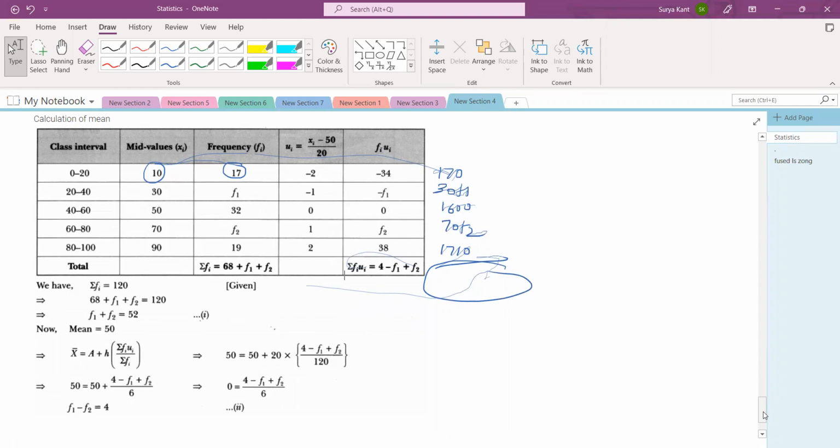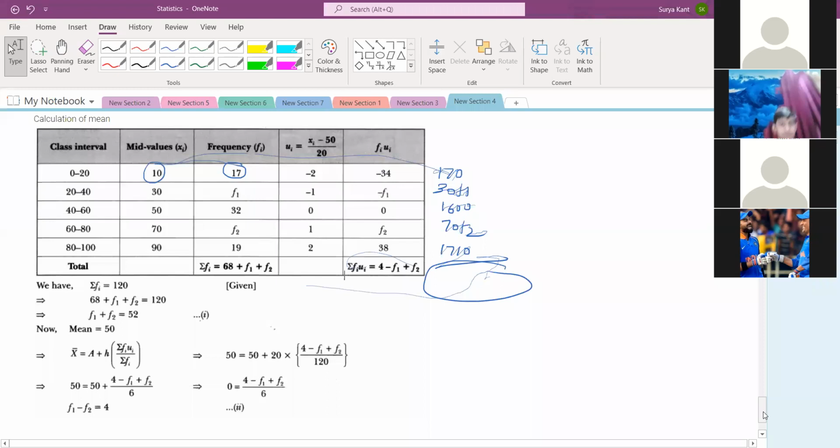If one is there, it's very easy only. If f1, f2, two variables, you should know two equations, right? See, once you know the sum of all the frequencies equals 120, and second thing you know the mean is equal to 50. So there are two equations, right, Praharshan? Solve both equations and you will get the answer of f1 and f2. Understood what I'm saying, Praharshan?